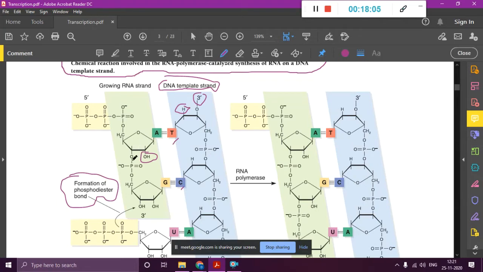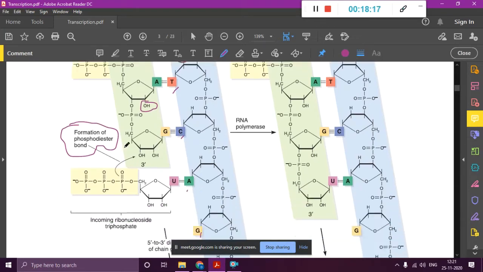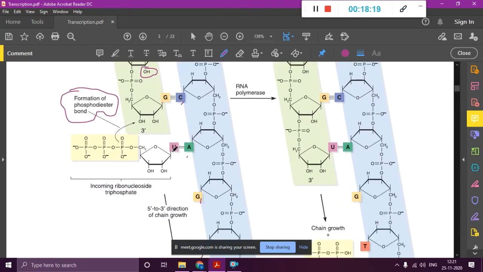You have this 3' phosphodiester bond, and you have the G coming here. Note that this is a ribose sugar, it's GTP, and over here you have dNTPs on the DNA. The phosphodiester bond is coming here. Instead of T comes U. Also you can see a double bond formed.